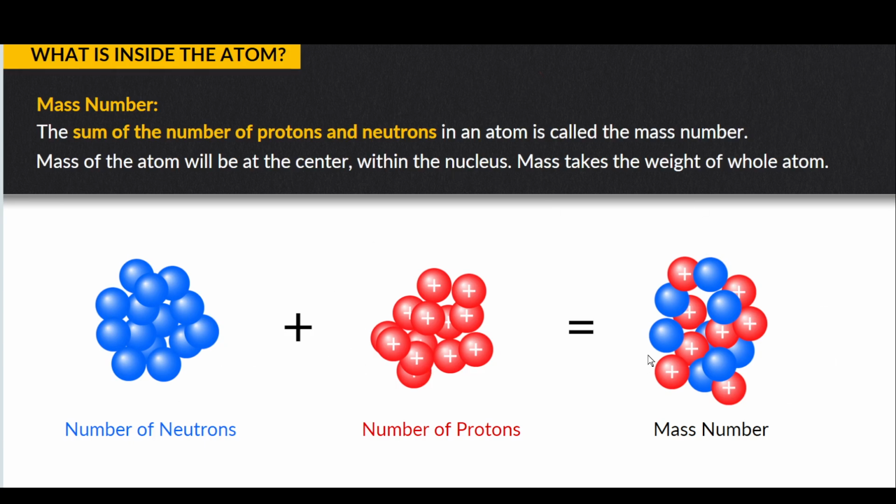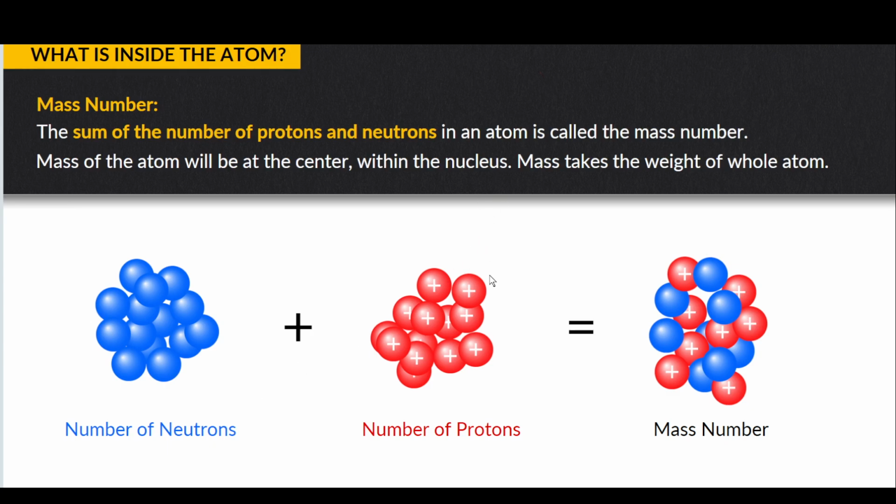So the mass of an atom will be at the center. Because neutrons and protons exist within the nucleus, and mass number is basically the total number of neutrons and protons. So when we are talking about the mass of an atom, we just consider the mass within the nucleus.